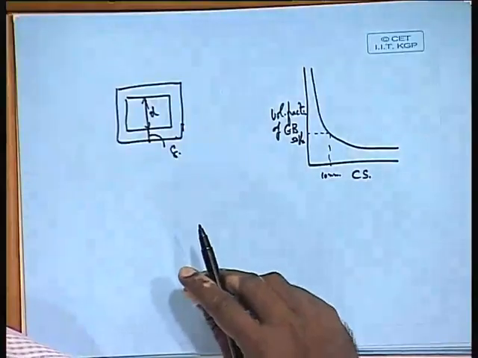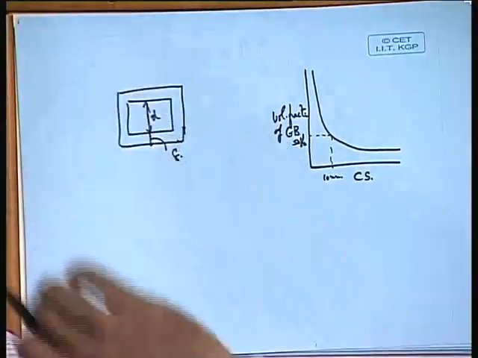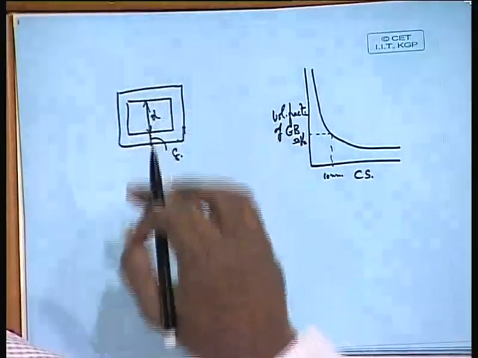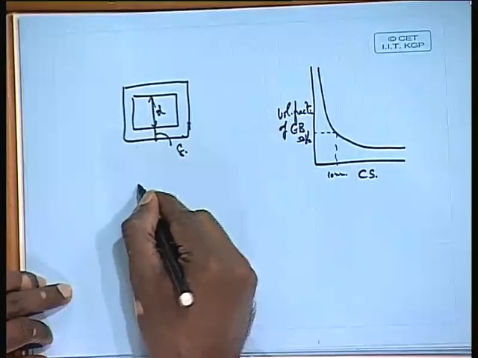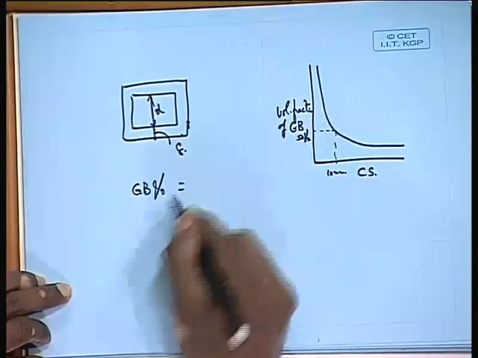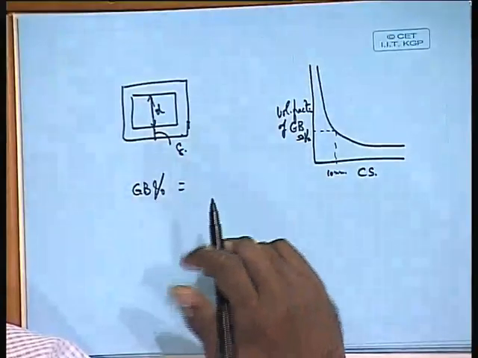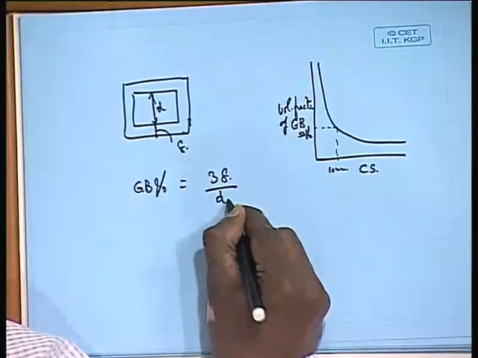One can calculate the volume of the grain boundary by simply finding the total volume minus the volume of the grain, and this gives the grain boundary volume fraction, the grain boundary percentage. If you derive the whole expression, it becomes inversely proportional to d, the grain size.